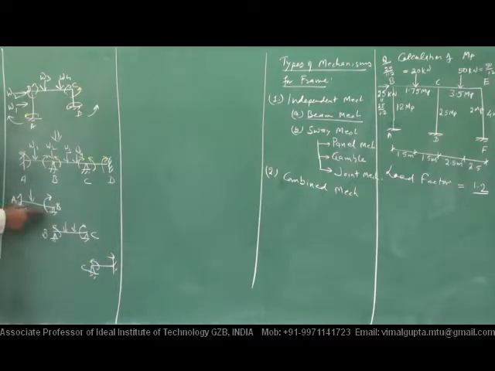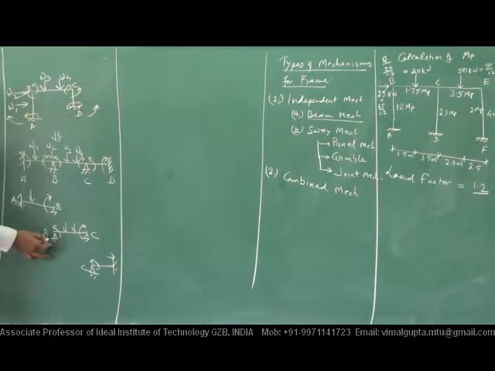Okay, so how many plastic hinges are required for that? It will be 3. This is because the moment is there, therefore this is not a normal hinge. It will be considered as a plastic hinge. If it is fixed, then definitely it will have a plastic hinge.